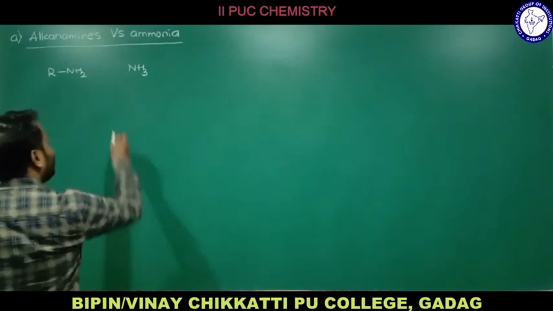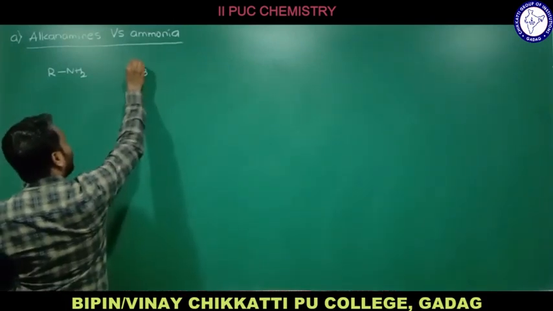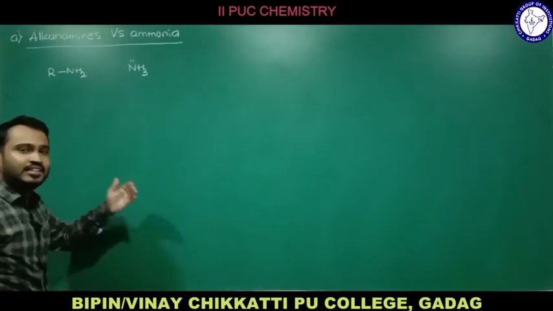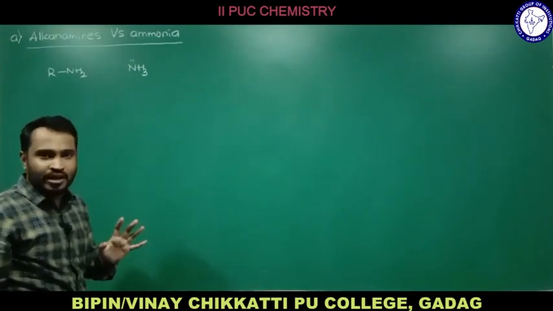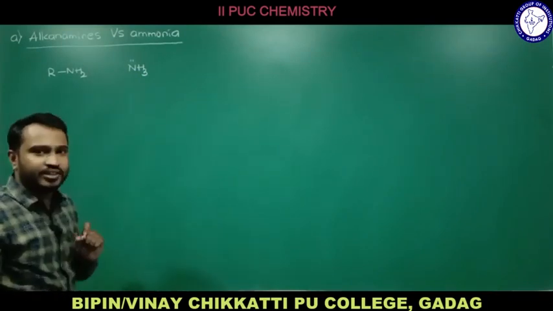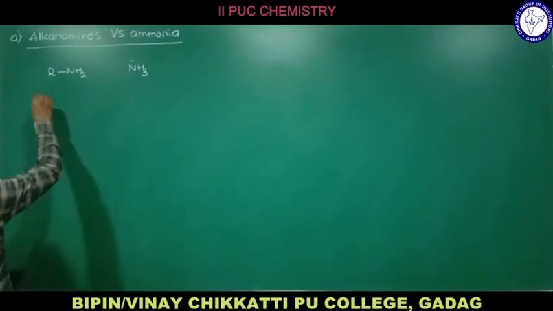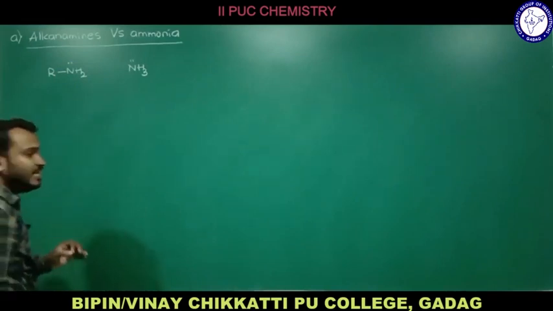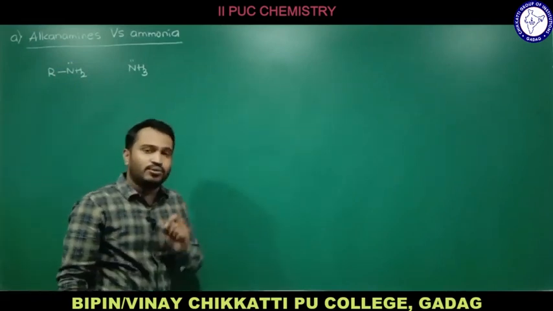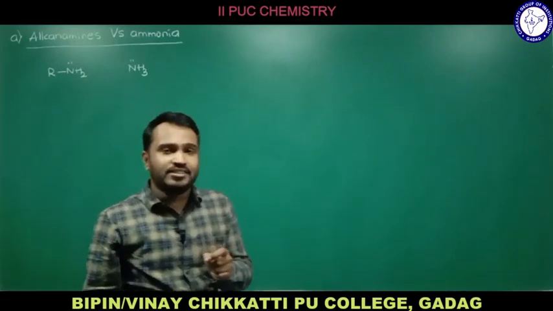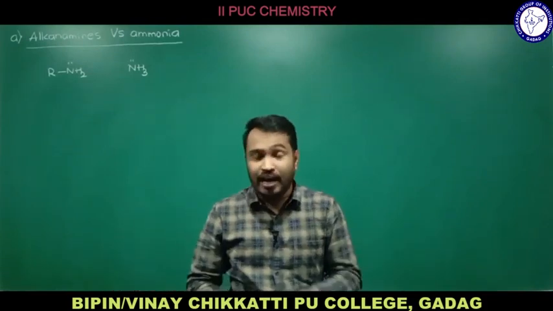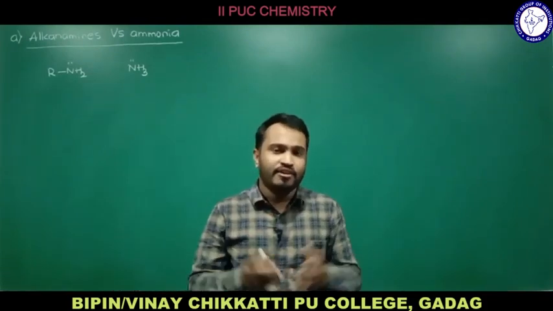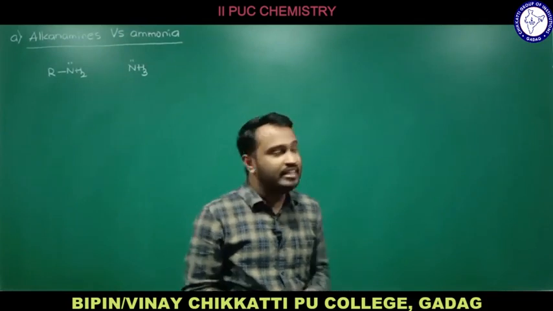Because ammonia contains a lone pair of electrons which is easily available for protonation. According to Lewis theory, this is basic in nature. Similarly, alkylamines also contain a lone pair of electrons which is easily available for protonation. That is also basic in nature. The question arises, between alkylamines and ammonia, which is more basic and which is least basic.